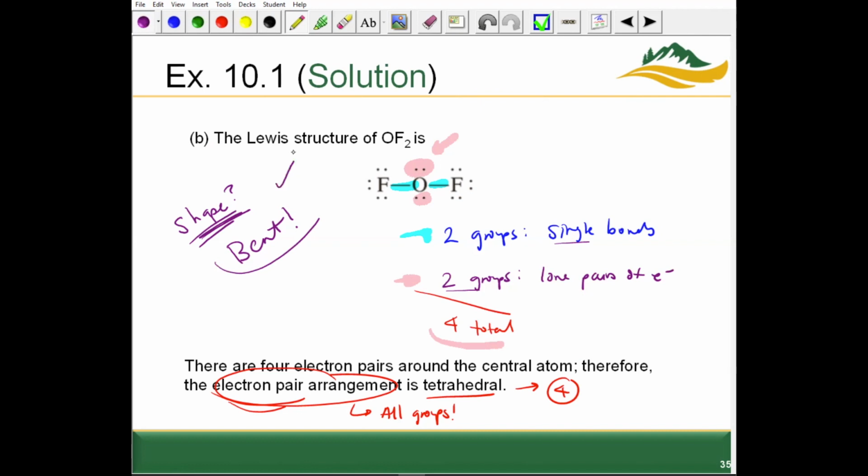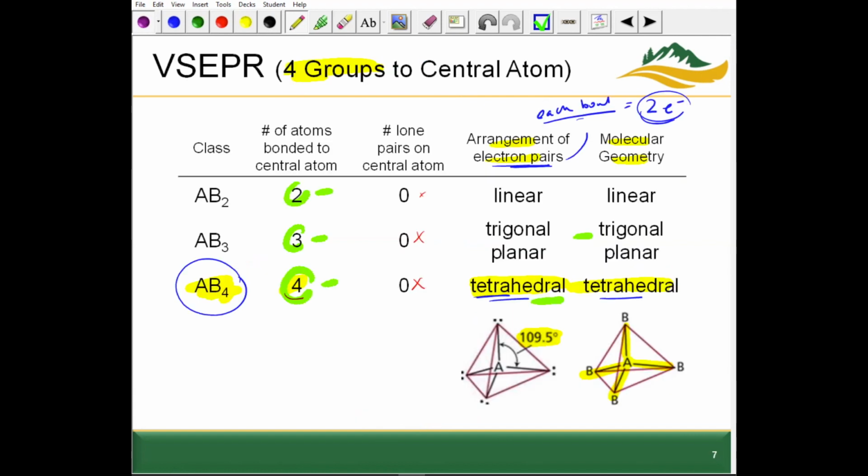And a table with this sort of information we'll go into a lot more in the next part of chapter 10. Just to come back to this table to show you a preview of what I mean, we have the arrangement of electron pairs. For the arrangement of electron pairs, we'll look at the total number of groups.